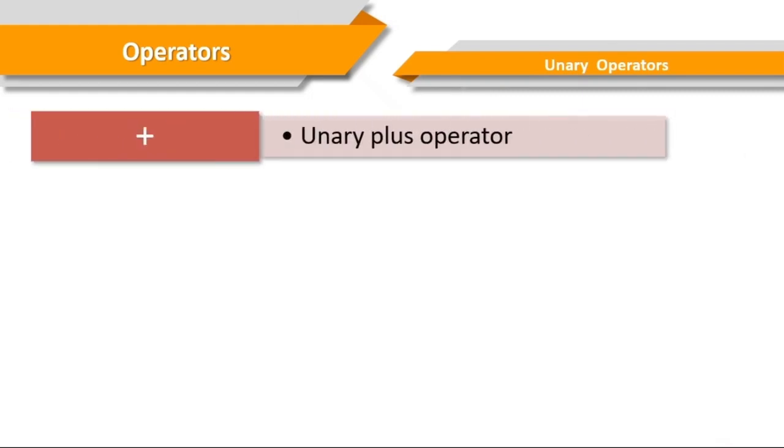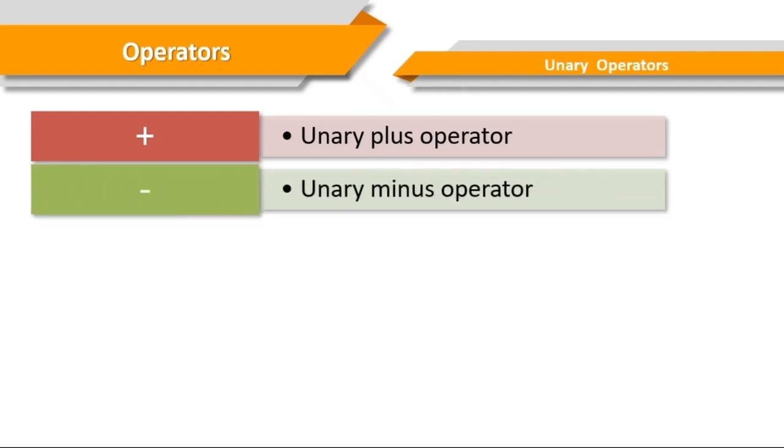Well, there's the plus. This is the unary plus operator. It's used for giving positive values, but it's only used when deliberately converting a negative value to a positive. And this is the unary minus operator, and it's used for negating values, double negatives.